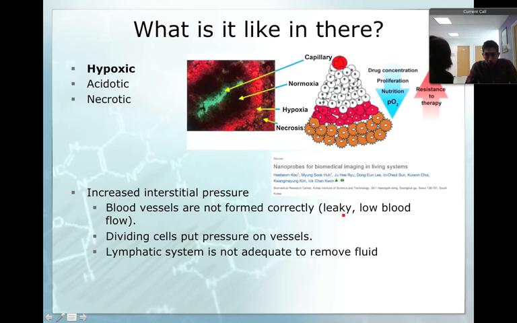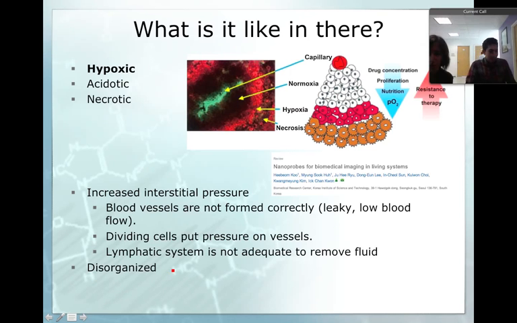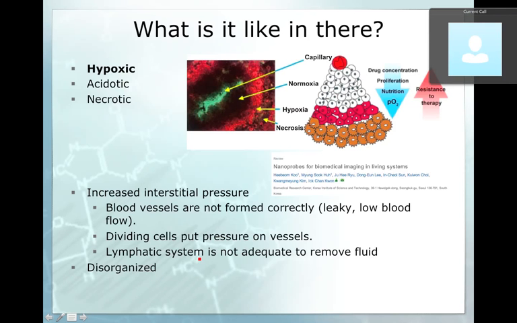So you get this leaking fluid out into the tissue. You get a swelling in there, and you get increased pressure. All right. The structure inside a tumor is chaotic. It is disorganized. It doesn't look like a normal tissue, and I'll show you some pictures of that as we go. But you have essentially disorganized extracellular matrix, and the cells are laying every which way.